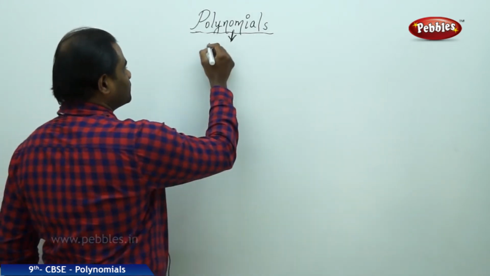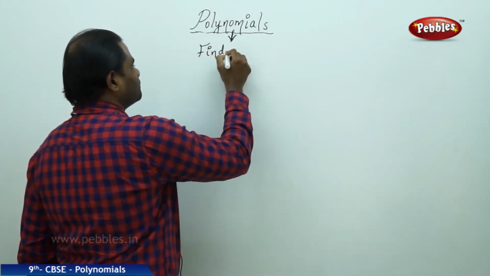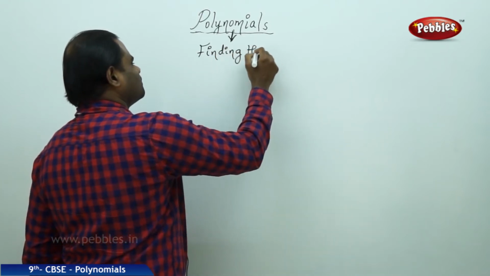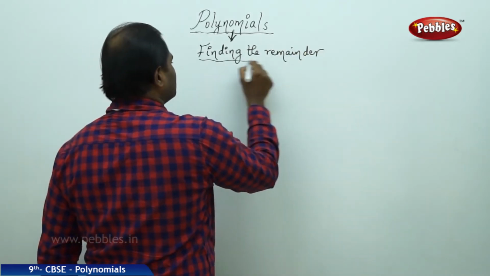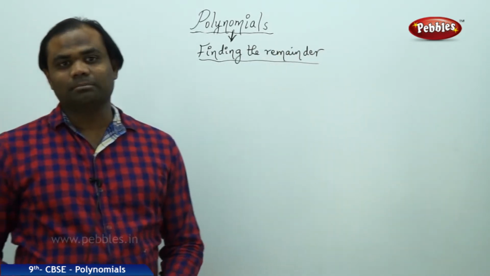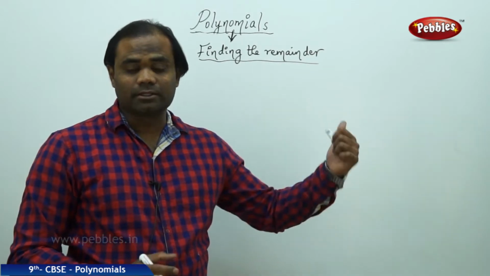Now the continued session is about finding the remainder when a polynomial is divided by another polynomial. So this session will discuss how we can find the quotient and the remainder for polynomials which are divided with each other. To start with, finding the remainder. Let's take some example polynomials for understanding this concept better.